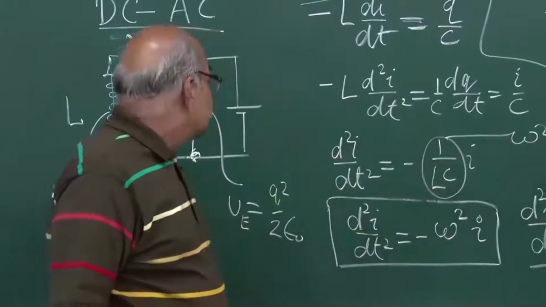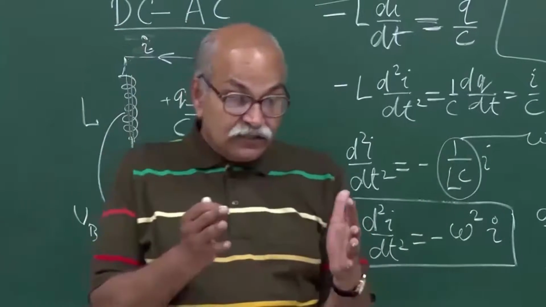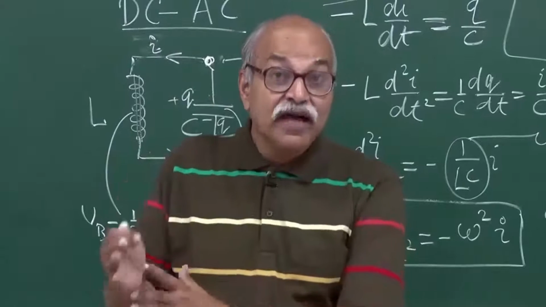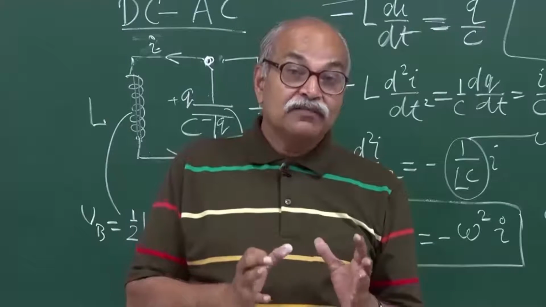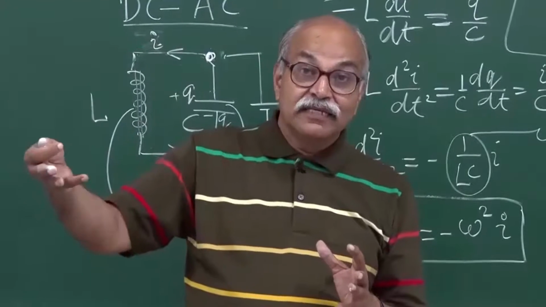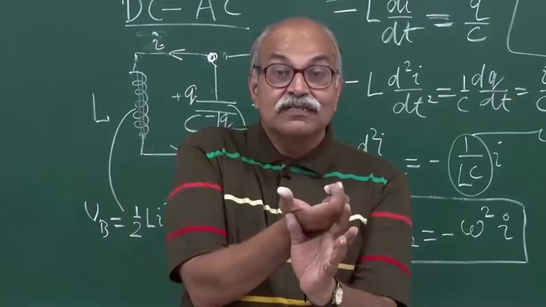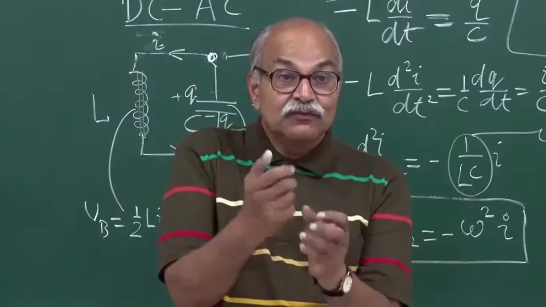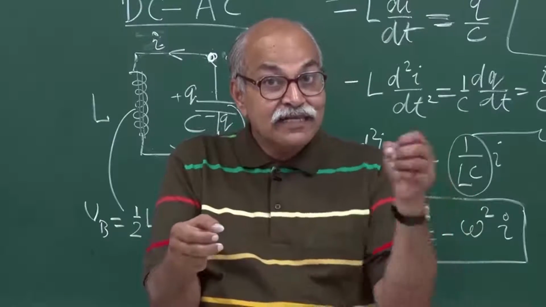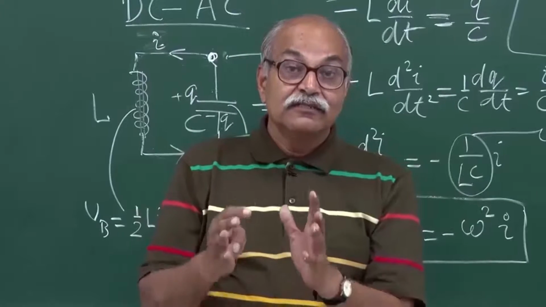And hence, to design the oscillator, you need some amplifier, where part of the signal is amplified, and then part of it is again sent to this oscillating circuit unit, so that whatever is lost is exactly compensated, and then you have a constant voltage supply.